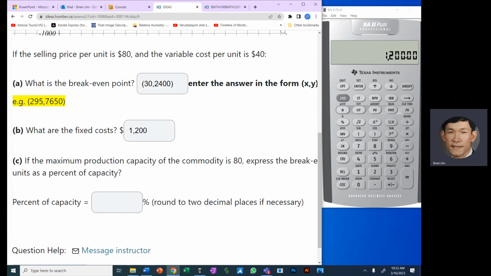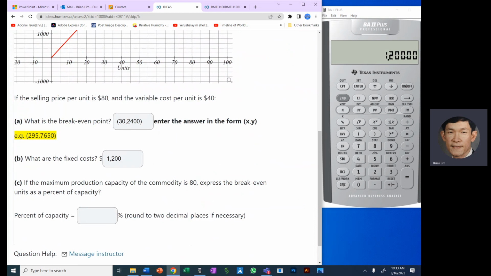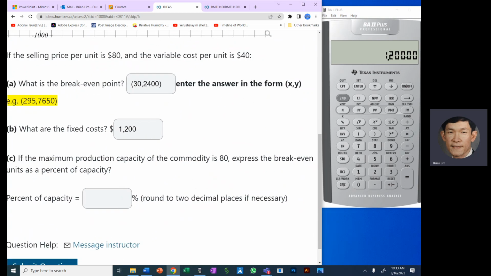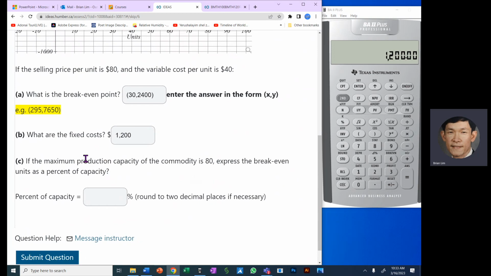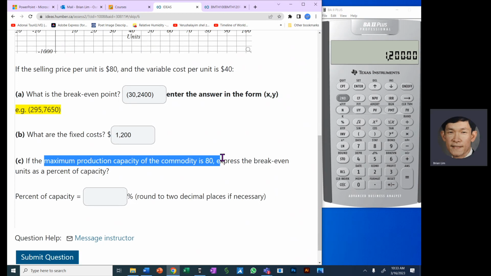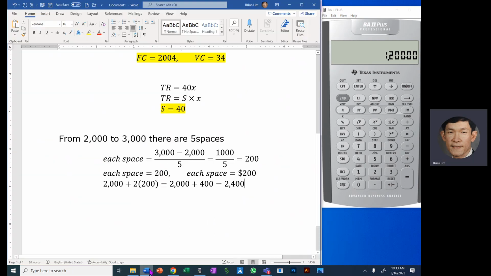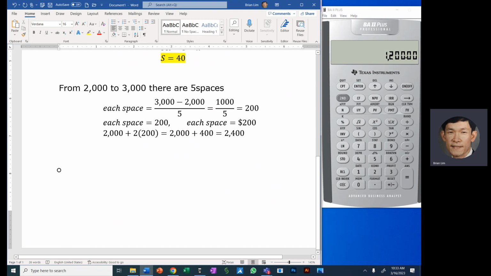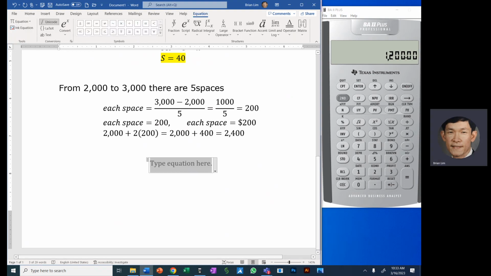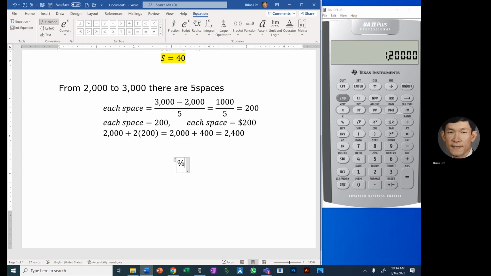Okay, good. All right. If the maximum production capacity of the commodity, meaning this is the maximum amount that can be produced. Okay, maximum production capacity is 80. Express the break-even units as a percent of capacity. All right. So if you want the percent of capacity, what do we have to do? Well, let's go back to the Word document and then we will do the computation there. So you want percent of capacity.